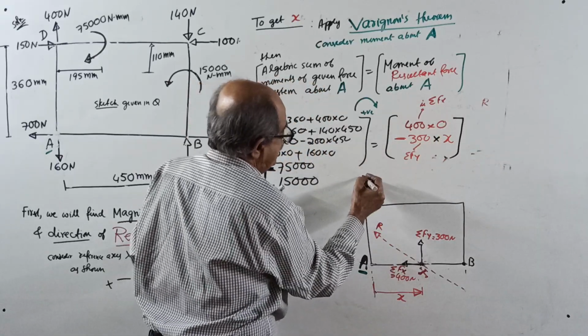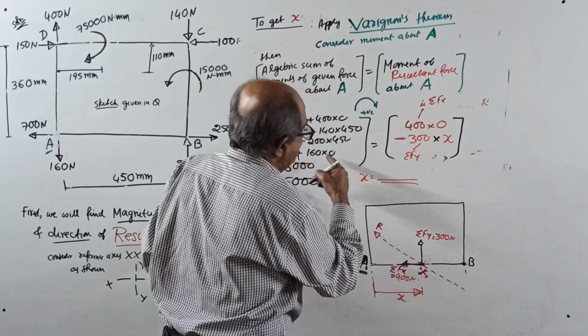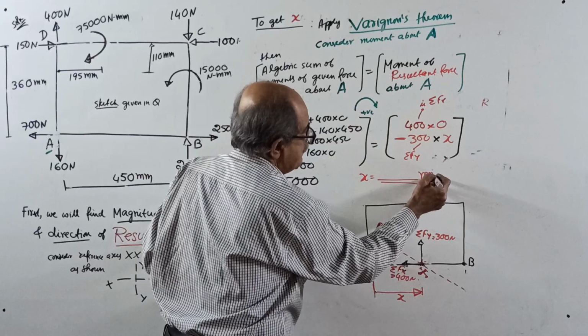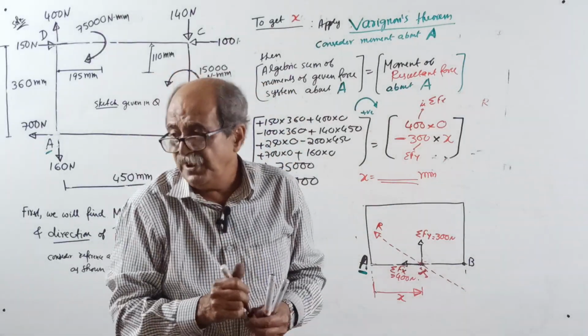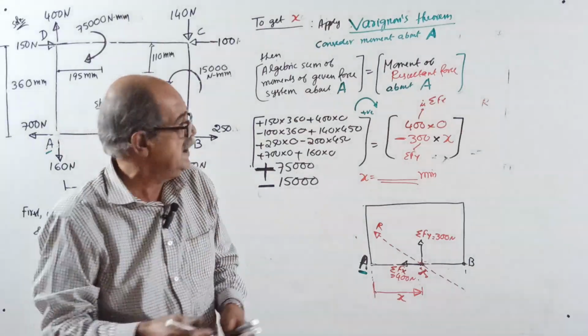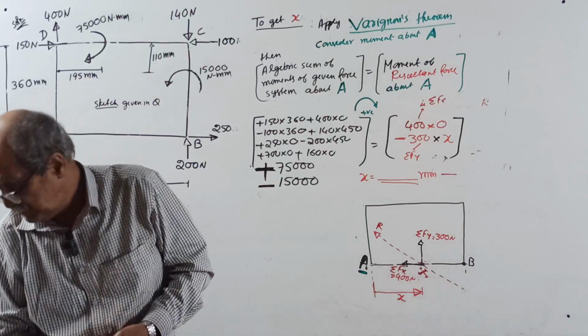Therefore, now solve it. You get the value of x, unit in millimeter, and remember, write the value of x with sign. Very, very important. Make a note here. Write it with sign. Otherwise, gone case.